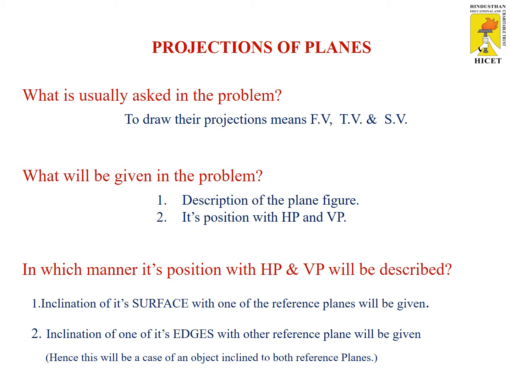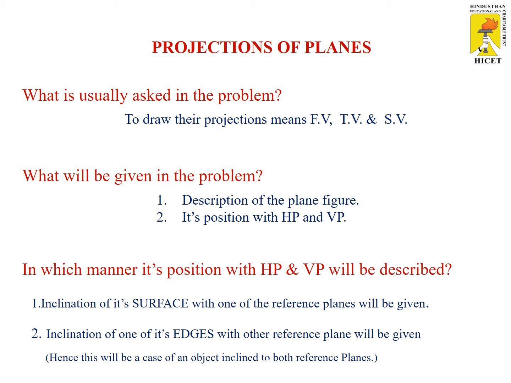In which manner will its position with HP and VP be described? Normally it is described in two ways. One is the inclination of its surface with one of the reference planes. In the second case, the inclination of one of its edges with the other reference plane will be given.